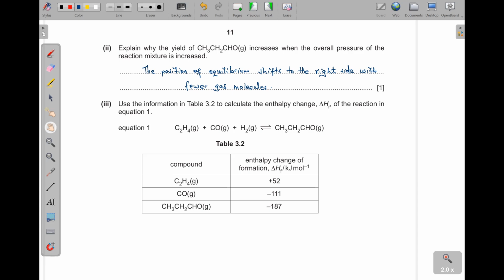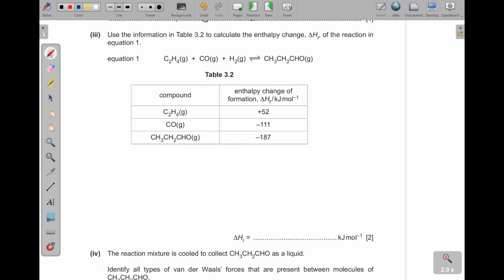So that is that. Then next, problem 3, use the information in table 3.2 to calculate the enthalpy change of the reaction. We are given the enthalpy change of formation for ethene, carbon monoxide, and this. For enthalpy change of formation, we are looking at formation of 1 mole of a compound from its elements in standard states.